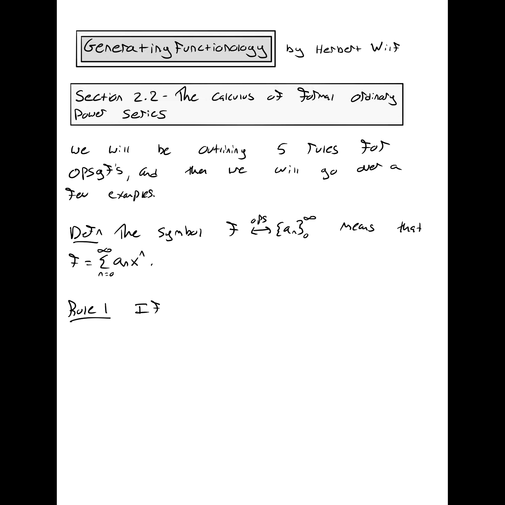And like I said, my goal is to go over these 5 rules and give a couple examples. How I'm going to do that is I'm going to explain the rule first, and then we're going to do some examples to really solidify the rule. So if F is the ordinary power series generating function for the sequence a sub n, then for h greater than 0, I'll try to distinguish my h's from n's by having the long stick on the left-hand side of it.